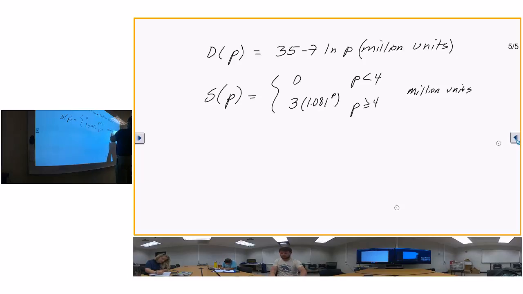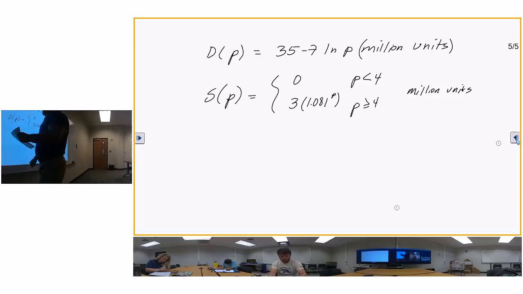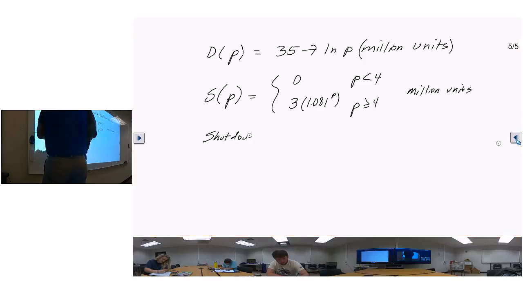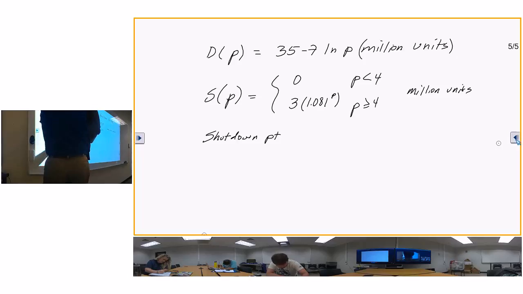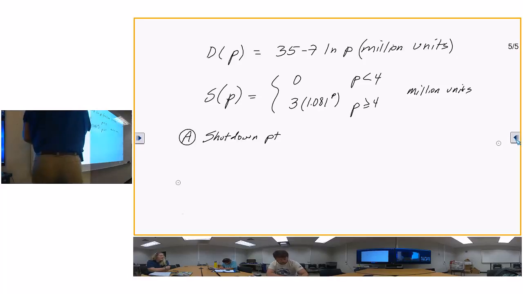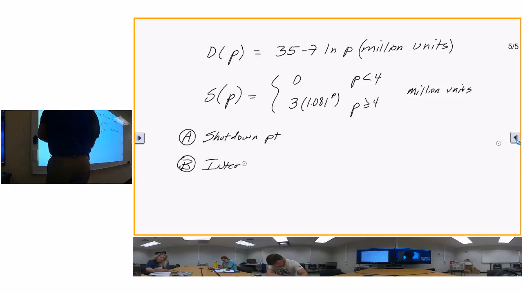I'm just going to write down some things they want to find, but I want you to find pretty much whatever we found in the last one. They want you to find the shutdown point. I think that's A. Then B says write a sentence of interpretation, which I'm just going to tell you.